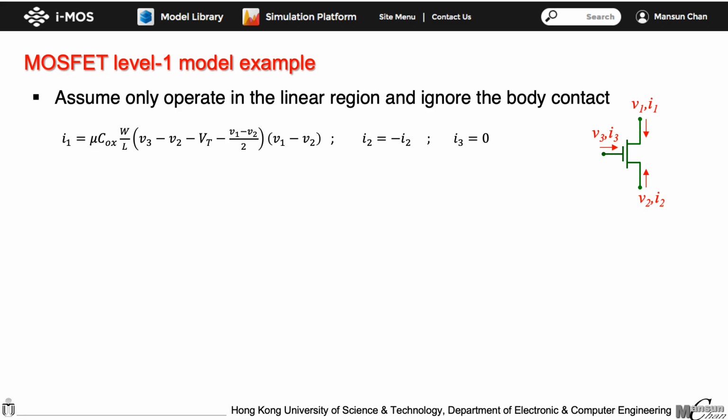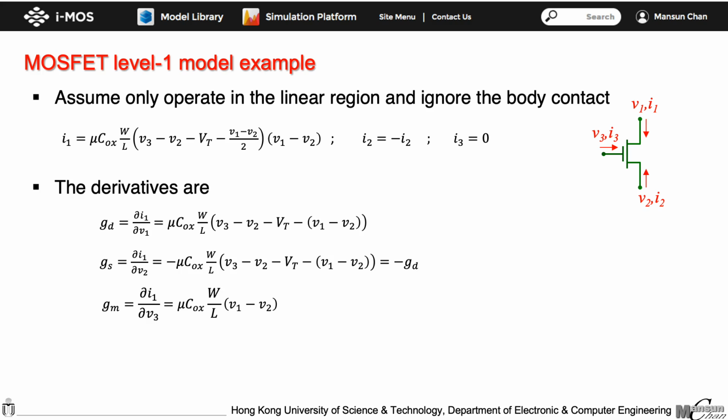We will end this presentation by a real example. Assume you have a MOSFET with the drain current given by the equation used in many textbooks here. To simplify the explanation, we will just consider the equation in the linear region. Then, the derivatives of I1 with respect to the three terminal voltages are given here.